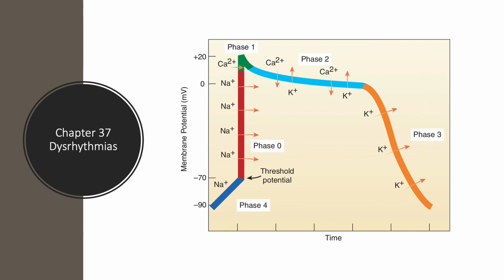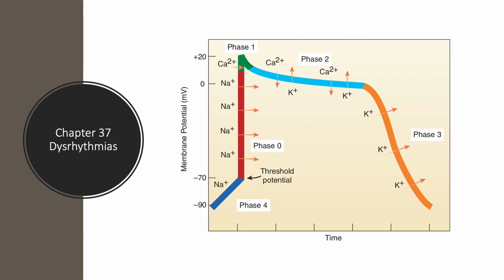So this slide is just showing a typical action potential, where you have the resting potential at around minus 90, and then there's a stimulus. This can be a nerve cell, this could be a muscle cell in the heart. There's a stimulus that sodium rushes in to the cell. Calcium is now starting to rush in, phase 2.